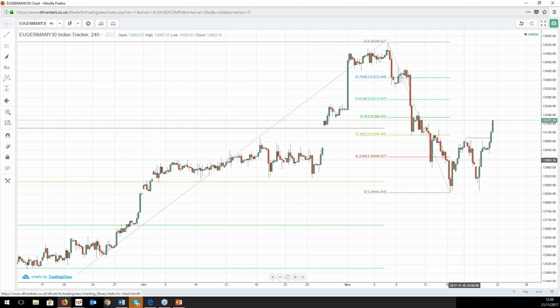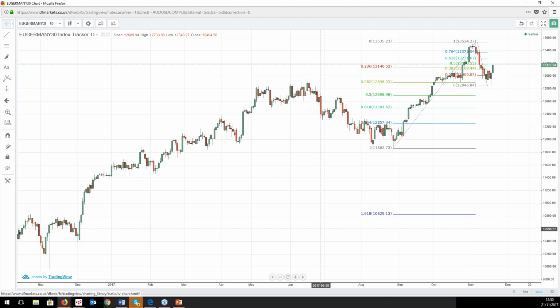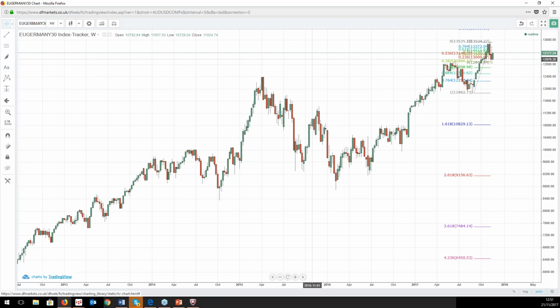There are a few things saying to me this is going to turn over, but the trend continues to be higher, and we continue to set higher highs and higher lows, especially in US markets. On a weekly chart it's very clear that the trend is still very strong to the upside.